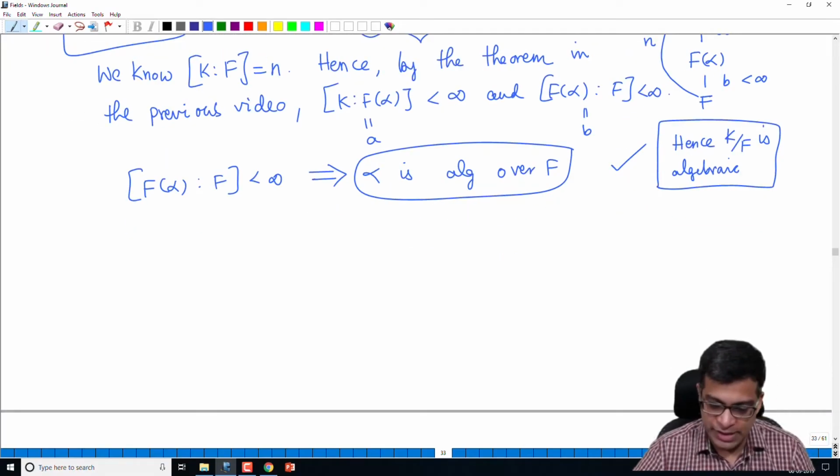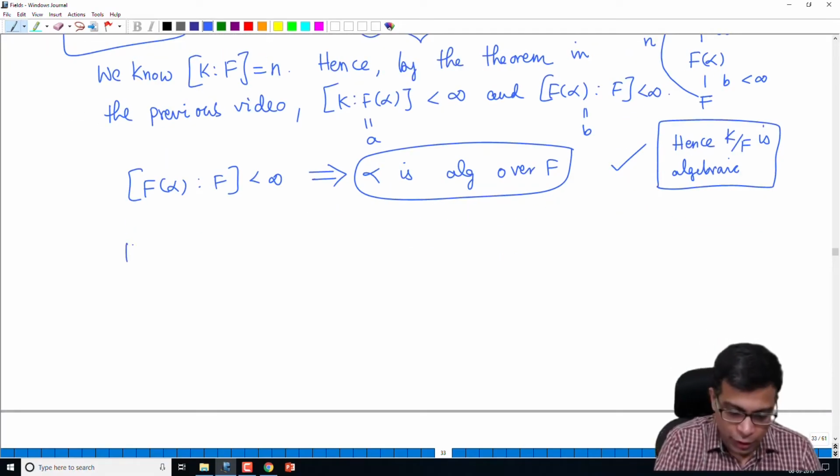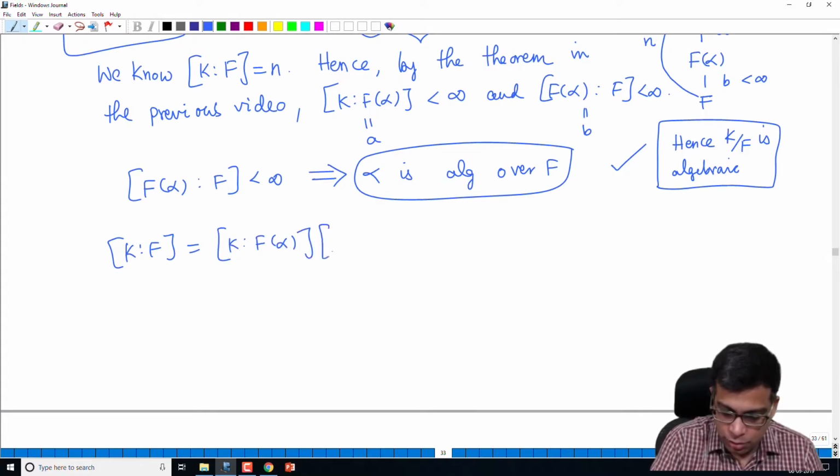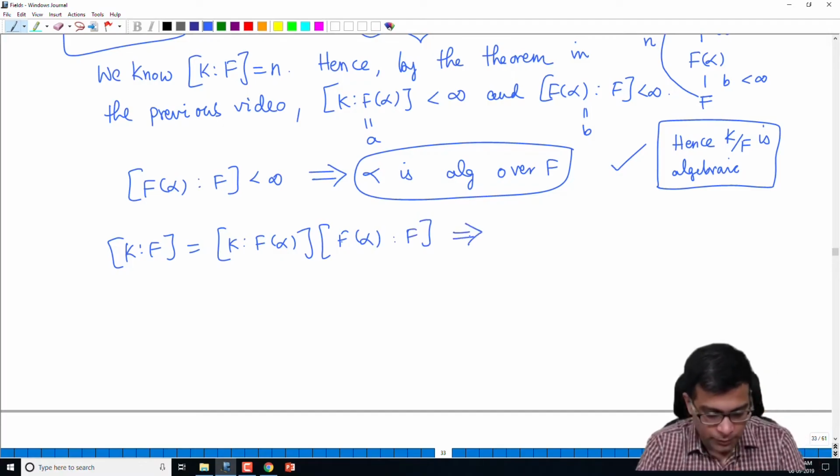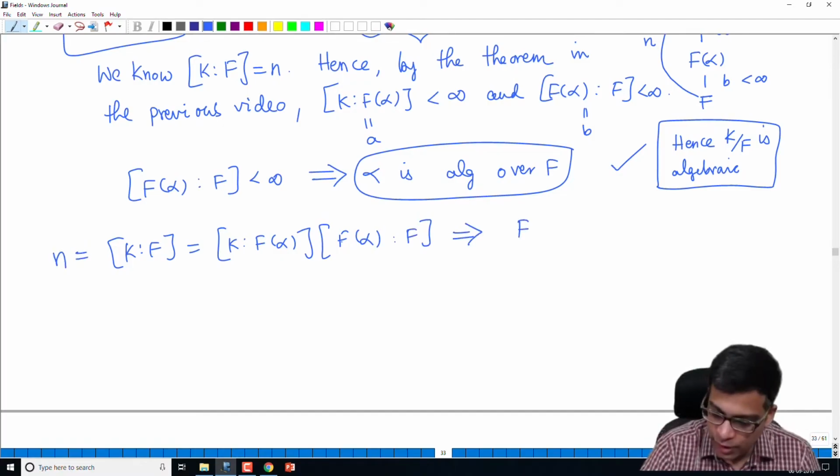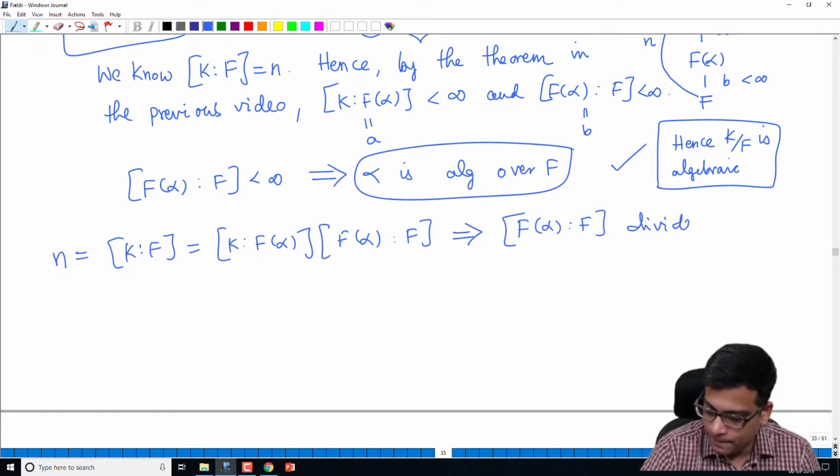But we also have the second part, because we know that K colon F is equal to K colon F(alpha) times F(alpha) colon F, and this is n. So F(alpha) colon F divides n.